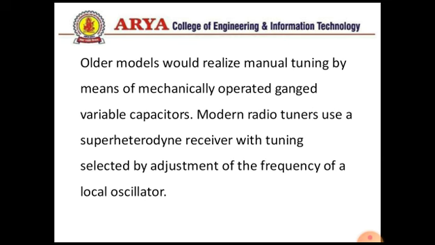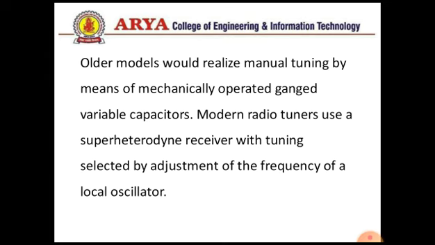Older models of RF tuner realized manual tuning by means of mechanically operated ganged variable capacitors. So in older models the tuning was done by mechanical means, and the capacitors were changed manually.